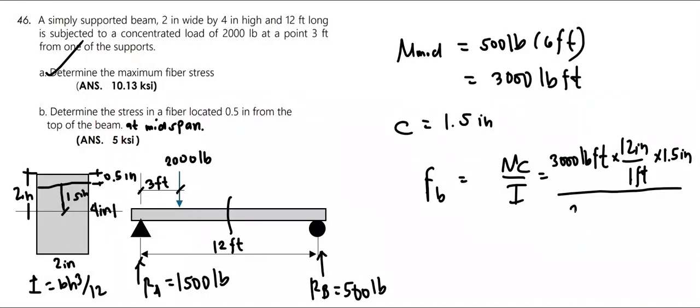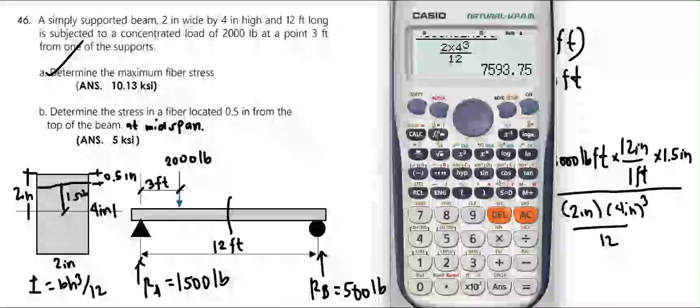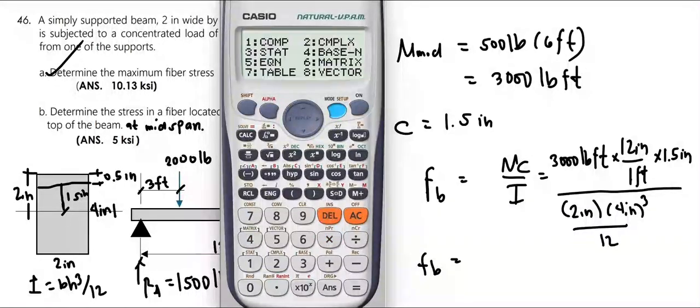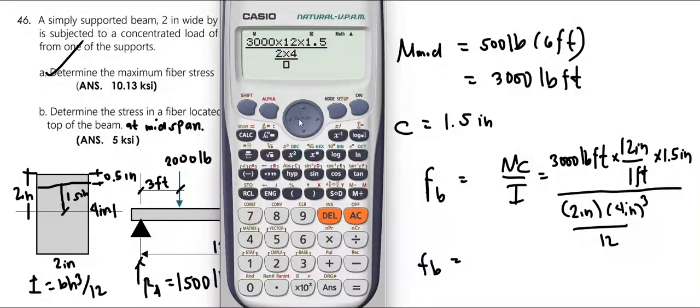We have our base equal to 2 inches times the height of 4 inches raised to the third power divided by 12, and we get our final answer. So we have the moment of 3,000 times the conversion factor, that is 12, multiplied by 1.5 over 2 times 4 raised to the third power divided by 12.